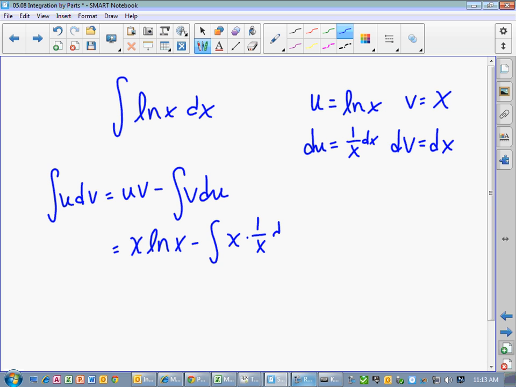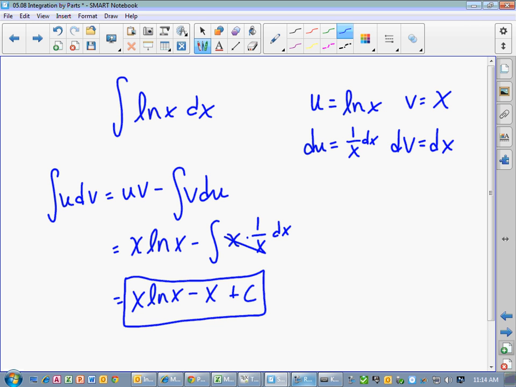So x times 1 over x dx. So x times 1 over x, that's just 1. And what's the integral of 1? So x ln of x minus x plus C. So as Jerry so eloquently put it about 5 minutes ago, the integral of ln of x is x ln of x minus x. But this is plus C. Okay? So if you throw it in the calculator, it gives that to you every time. Promise. Okay?